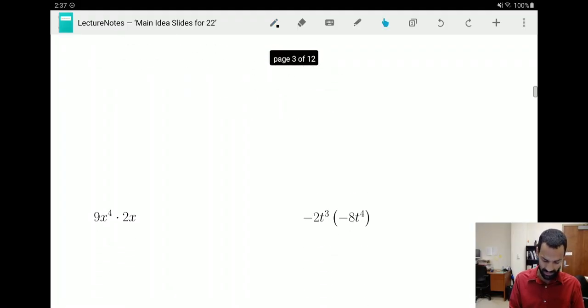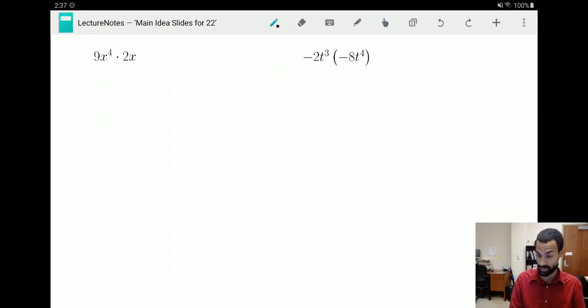Okay, so what does that look like? Let's go back to these two examples here. 9x to the fourth times 2x. First of all, I'm going to acknowledge the fact that if I don't have an exponent written, it's understood to be a 1. That just means you have 1x being multiplied. So the 1, you don't need to put it, but it's there.